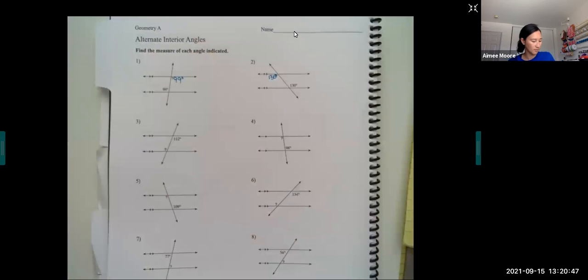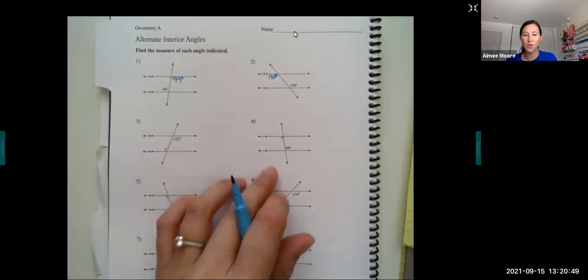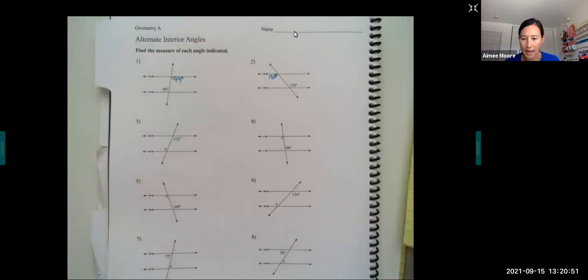If this angle's 130, then this angle's also 130. Okay, go through really quickly and do 3 through 10. And that way we can spend our time focusing on the ones where we have to solve.